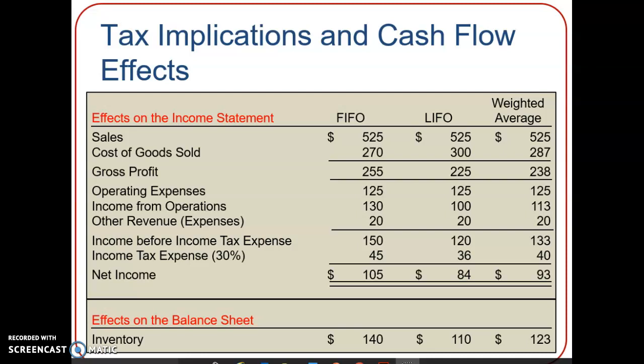That is, the amount we take in from customers will be the same. The amount we pay out to our suppliers for the inventory is the same. But here, if we use FIFO, our tax outflow, especially to tax agencies, will be the highest. 45 versus 36. So the tax situation is also unfavorable to a firm who is using FIFO.